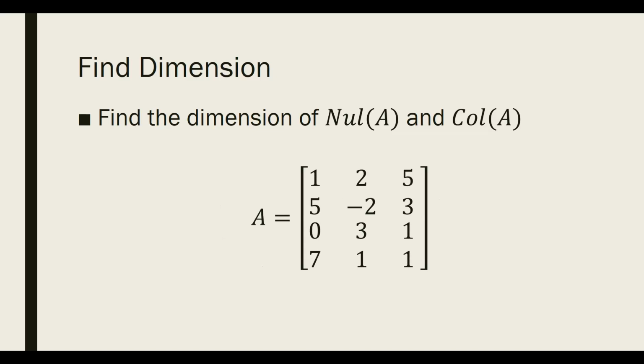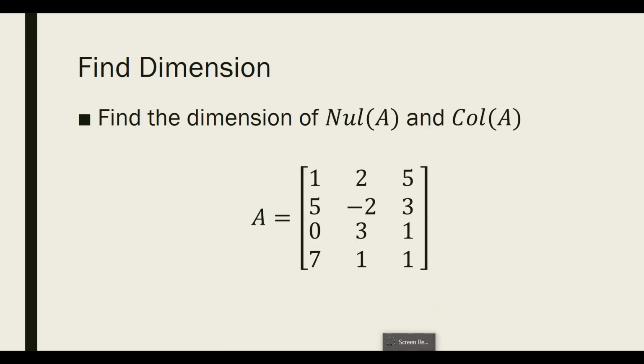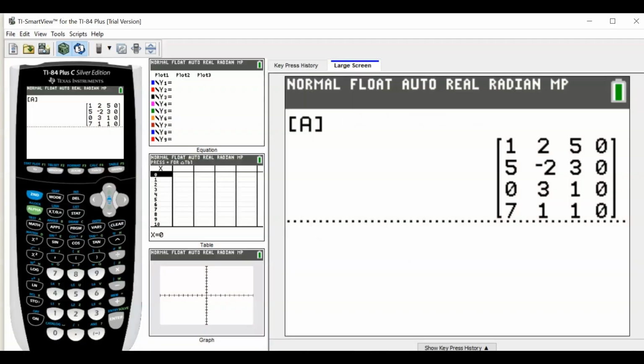I want you to go ahead and try this example. Find the dimension of the null space and the column space of this matrix. Push pause on the video and do that. All right, so hopefully you went ahead and did that. Basically what I did is I put a matrix A into my calculator.